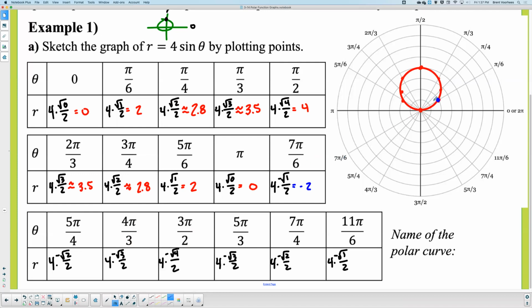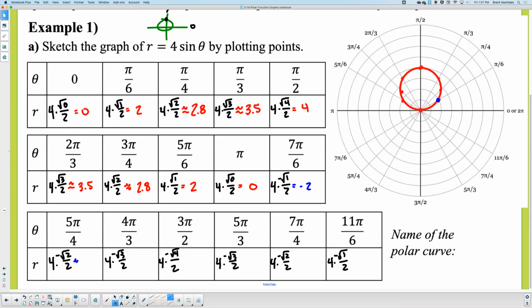So this point would be plotted right there. Look at that point. That's exactly on top of this value. 7 pi over 6 gets plotted right on top of 1 pi over 6 because this was a -2. This is a +2. They're opposites on opposite sides of the graph. So they go right on top of each other. Opposite radiuses on opposite sides of radians will plot right on top of each other.